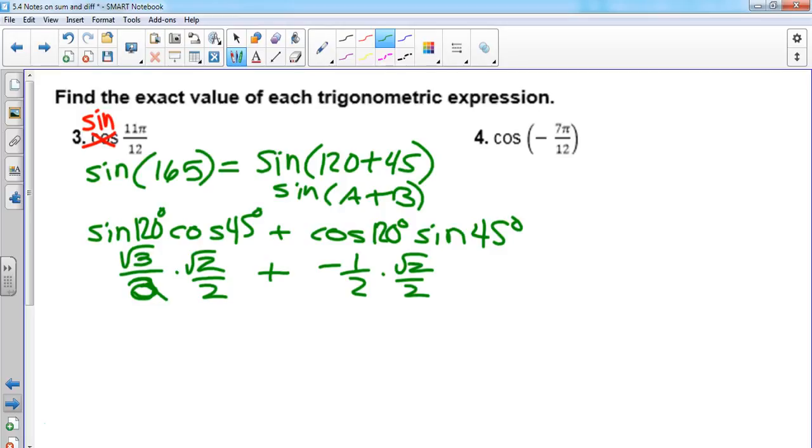Did we get that right? So what does that simplify to? Remember the bottoms do multiply and make 4. It's not a keep the common denominator thing until we add.